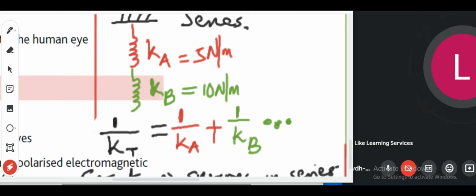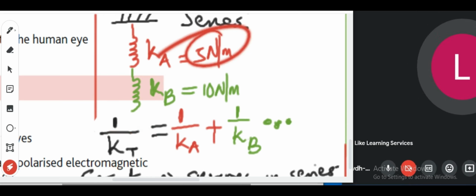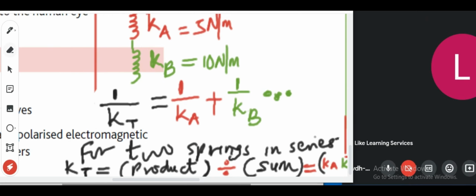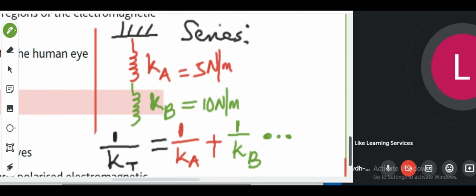So if the total spring constant is going to be even smaller than the smallest one, it means that springs connected in series will produce a less stiff total spring, or less stiff effect, because the total spring constant will be smaller than even the individual spring constant, or the smallest of them. That's for springs connected in series.